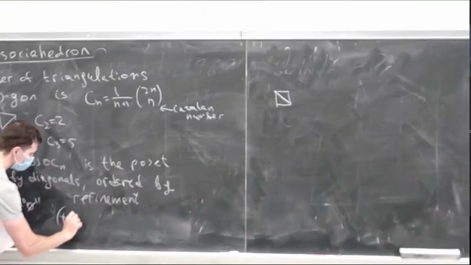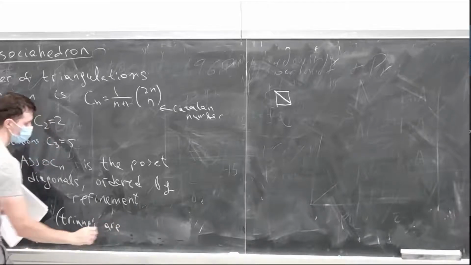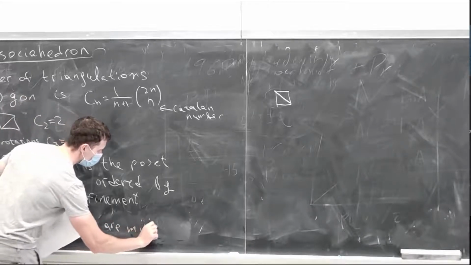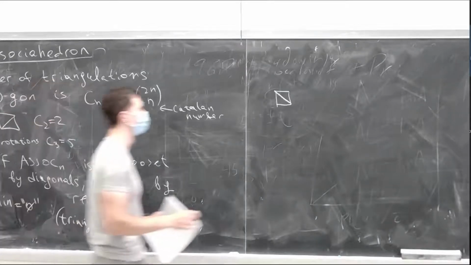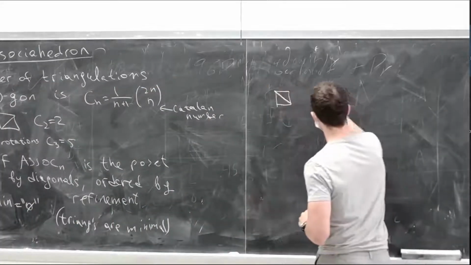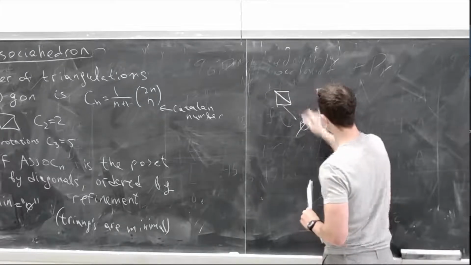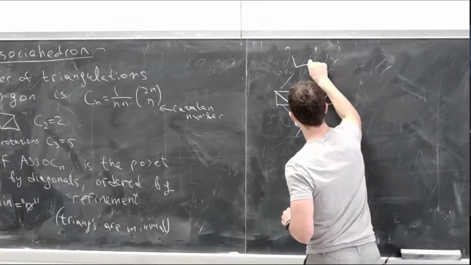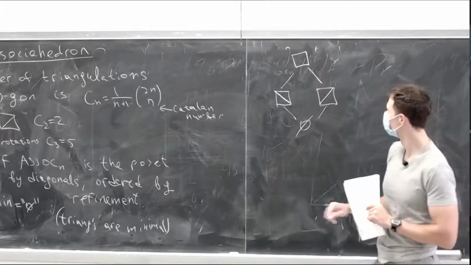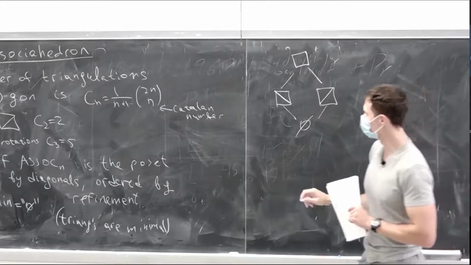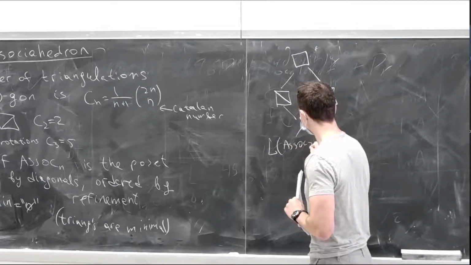Triangulations are minimal here, other than this super minimal element. Let me draw an example. You have the square, you have two triangulations, and then there is the minimal element, and then there is the trivial subdivision of the square into a square. That is the face lattice of the associahedron K_2.